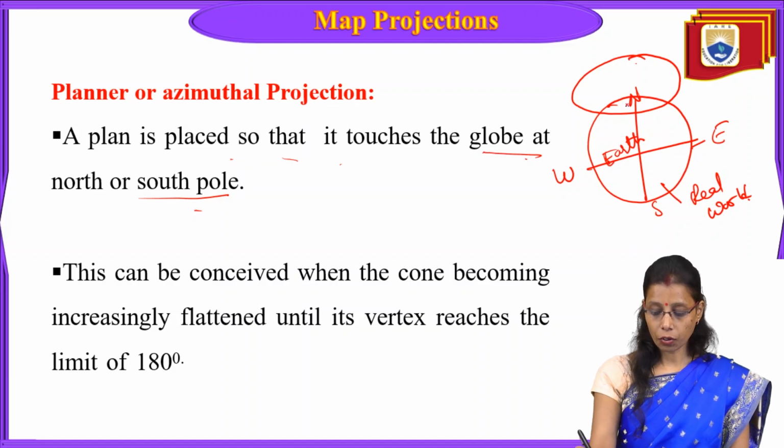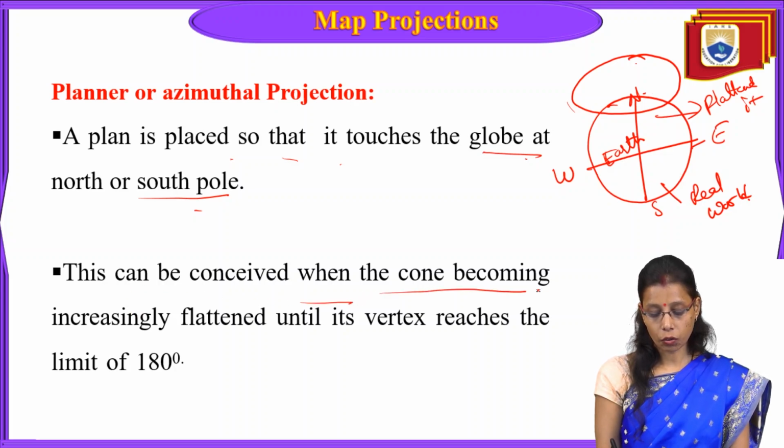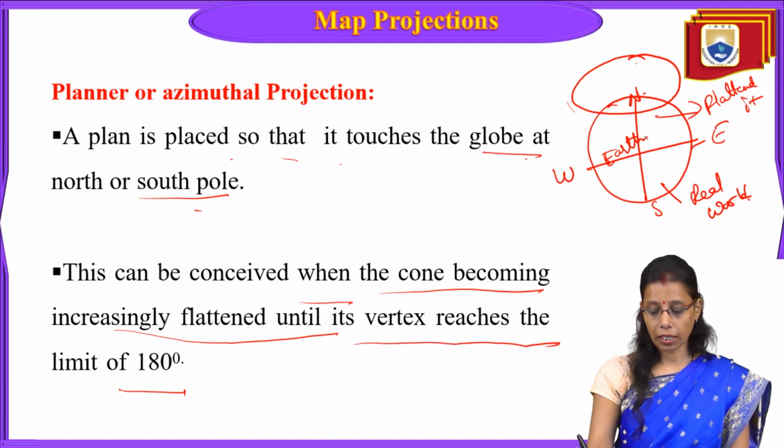Now if you keep a paper on the real world and then flatten it, this is conceived when the cone becomes increasingly flattened until its vertex reaches the limit of 180 degrees.